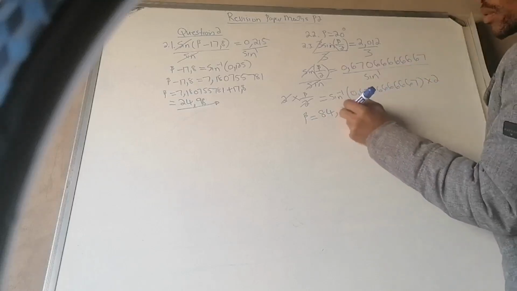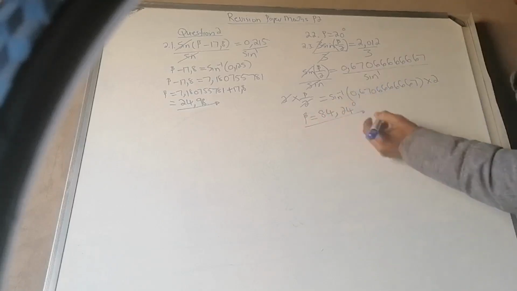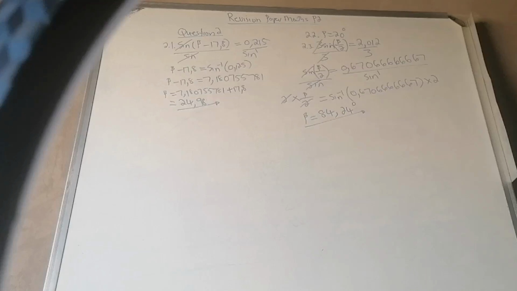So beta is 74.84 degrees. Is this an acute angle? Yes, it's less than 90.